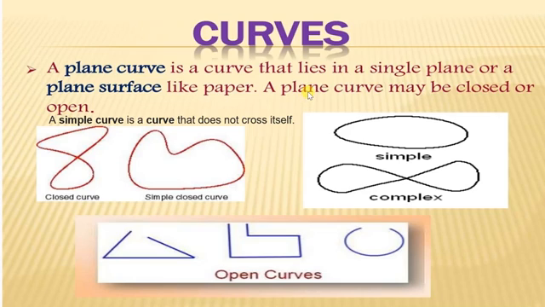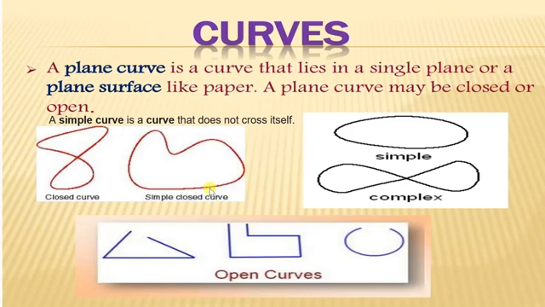Now these plane curves may be closed or open. Like here we have drawn a few curves. Out of these curves, the first four curves are closed curves, and the last three curves are open from the top.